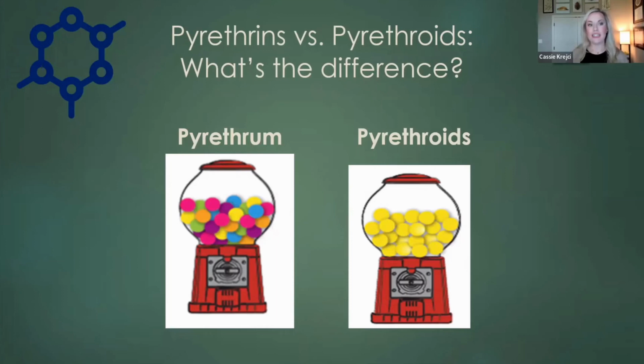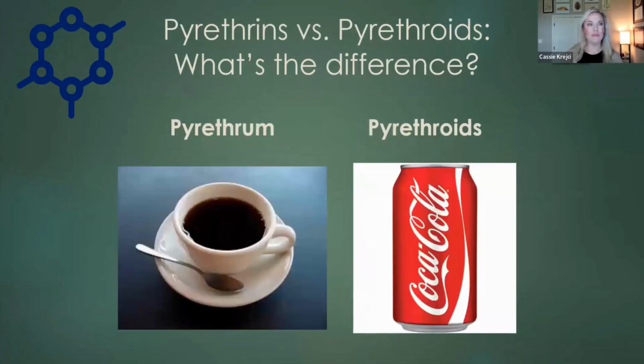As a result, insects can develop resistance to pyrethroids a little more quickly than pyrethrins, but again, things like the growing season or how much water a chrysanthemum crop received will affect what color gumballs we're getting out of that plant that year.